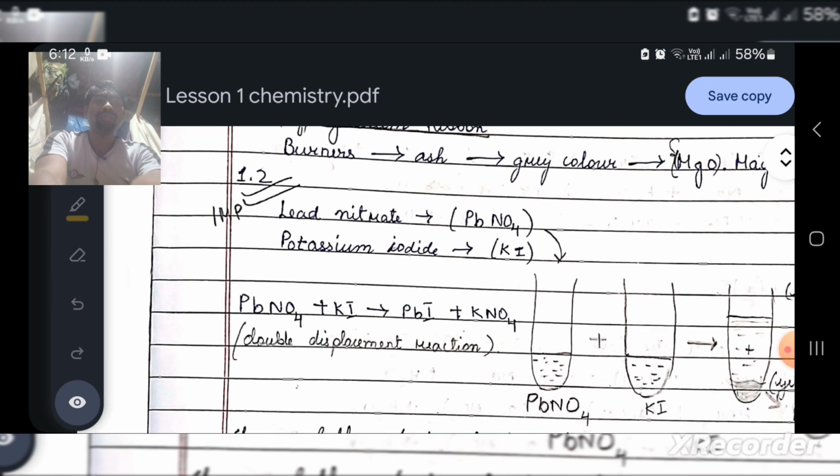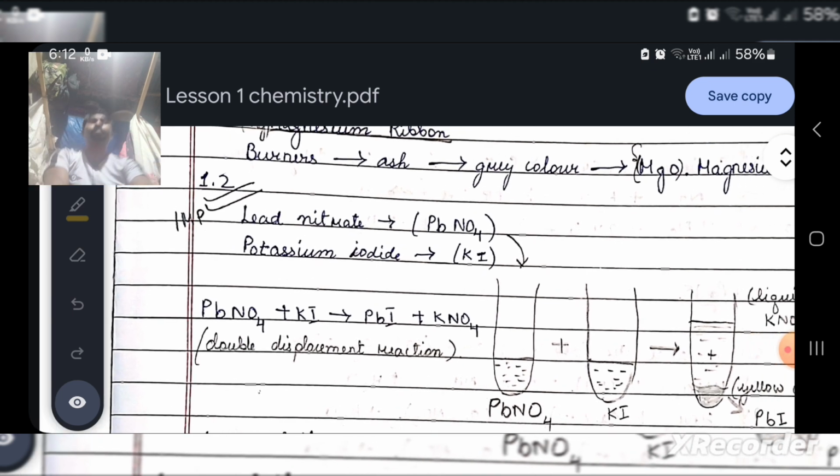Now coming to the next topic, that is the next activity, 1.2. Achha, students, these notes you can use for the NCERT books. Yes, now Meghalaya is also using the NCERT book, so these notes can be taken by the Meghalaya students as well.